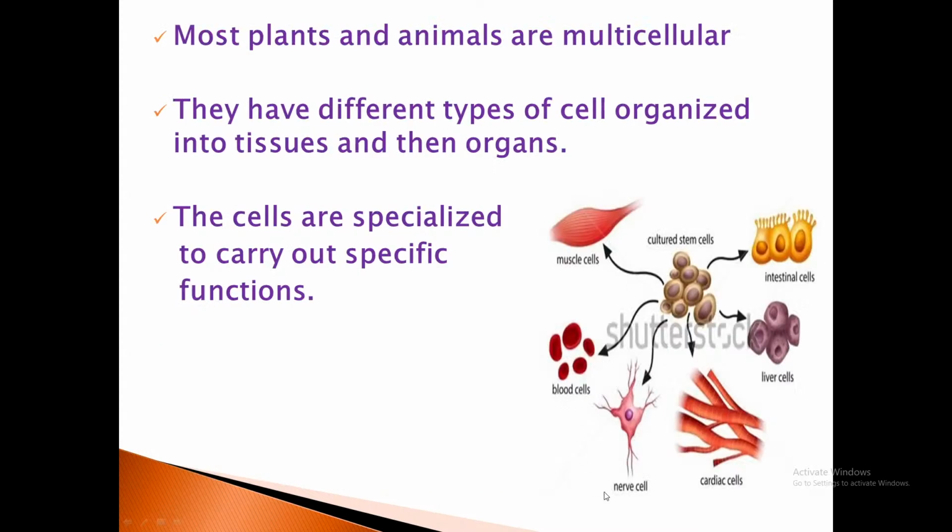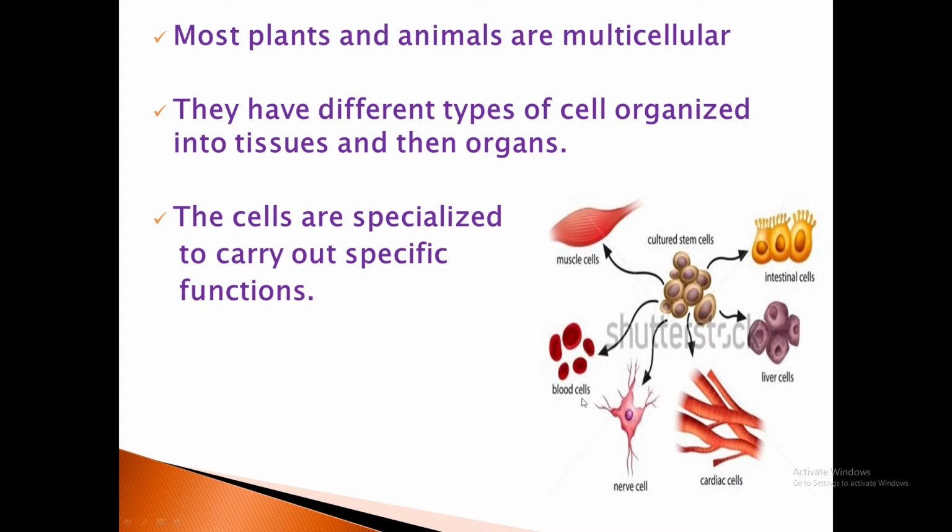These diagrams show some examples of the cells in the human body. If I ask you to give me examples of cells in your body, you can tell me muscle cell, liver cell, nerve cell, blood cells.